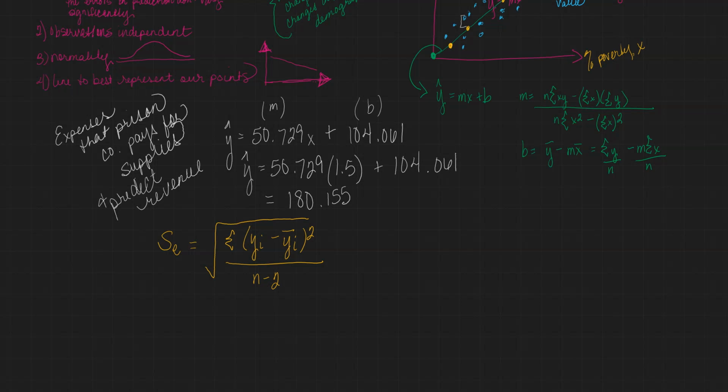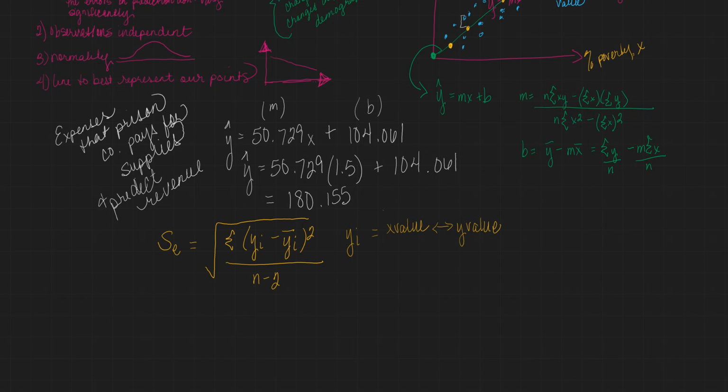If we're freaking out a little bit about what this yi thing is, well, remember, for every x value, there's a corresponding y value, right? Because if we're looking at the crime rate, which would be our dependent variable, and the percent poverty in a city, which would be our independent variable, then for every single city, we're going to have percent poverty, and that city will have its own crime rate, right?